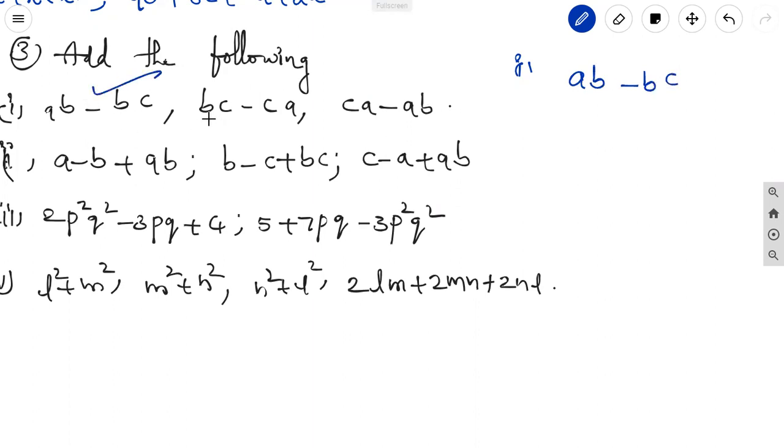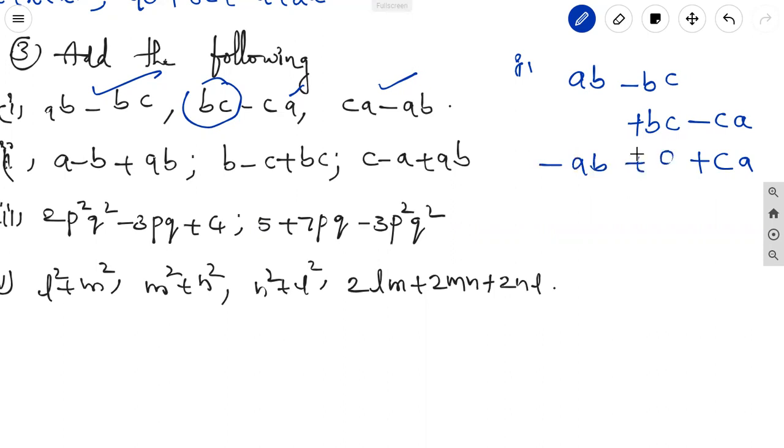It's over. Second one, BC is there. BC variables below, you write BC. It has no sign, which means it is plus. And CA term is not there, that is minus CA. Next, third one is CA. Below you write plus CA. And AB has negative, so below you write minus AB. Whatever terms are absent, you can take as 0.